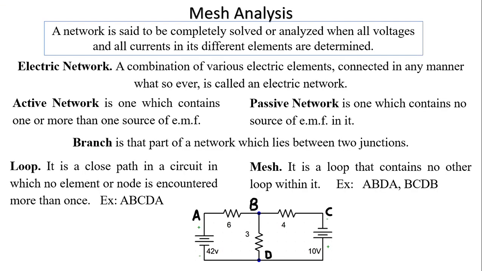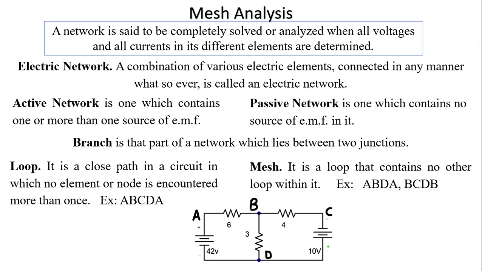So before that we need certain fundamentals, like electric network, what is the branch, what is the loop, and what is the mesh. A network is said to be completely solved or analyzed when all voltages and all currents in its different elements are determined. So what is an electric network?